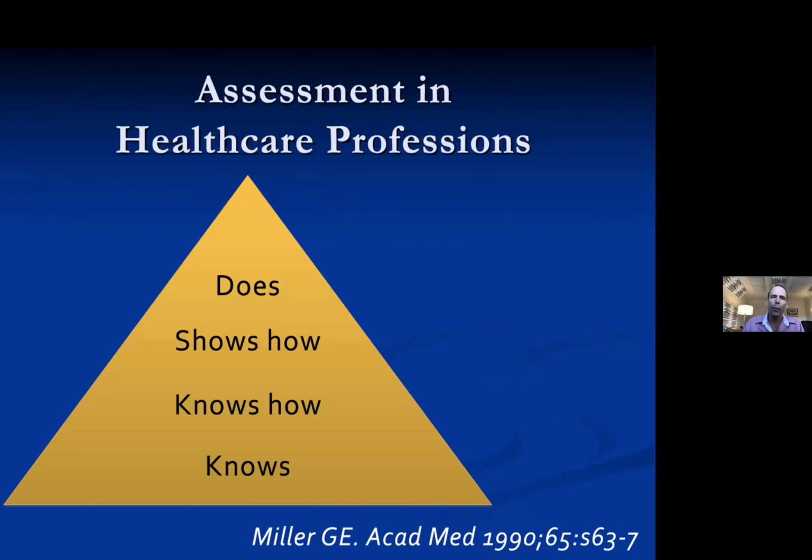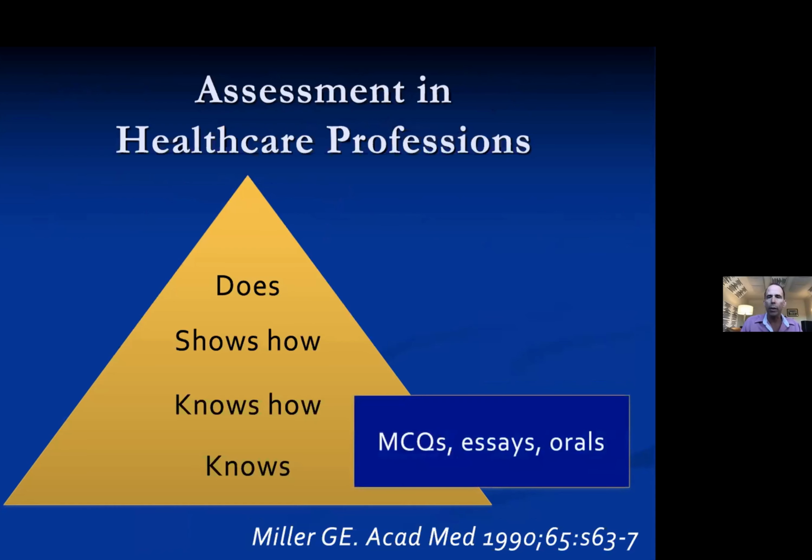When we think about this pyramid in healthcare professions, the knows at the bottom, the knows how, the shows how, and the does, we have different ways to assess things. At the bottom of the pyramid, the memorization of facts, multiple choice questions, essay exams, maybe oral exams would be a way to assess this.